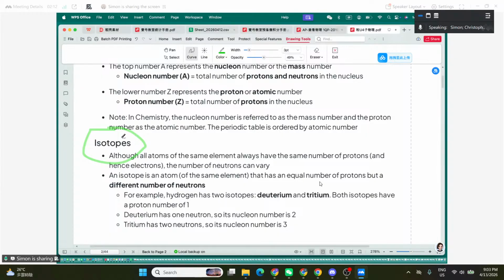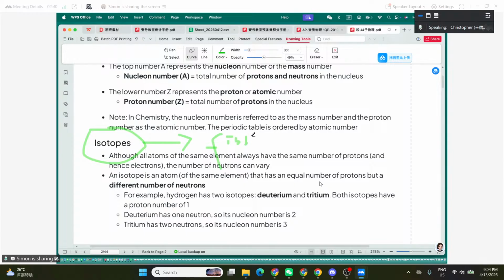Because we have a different neutron number, maybe if the atom has more neutrons, the isotope will become unstable, right? And they will take part in a reaction, that is the fusion, right? Understand that?